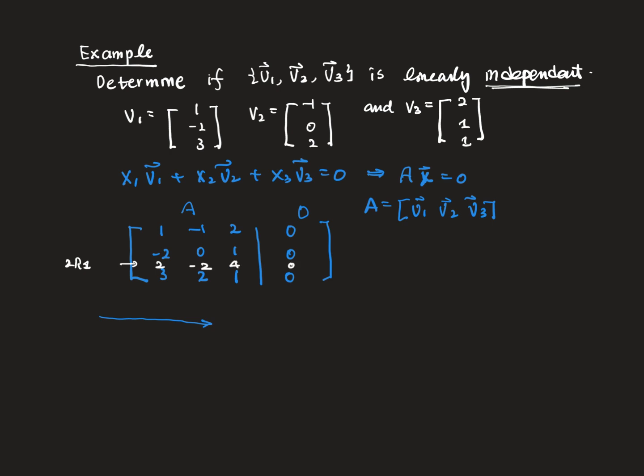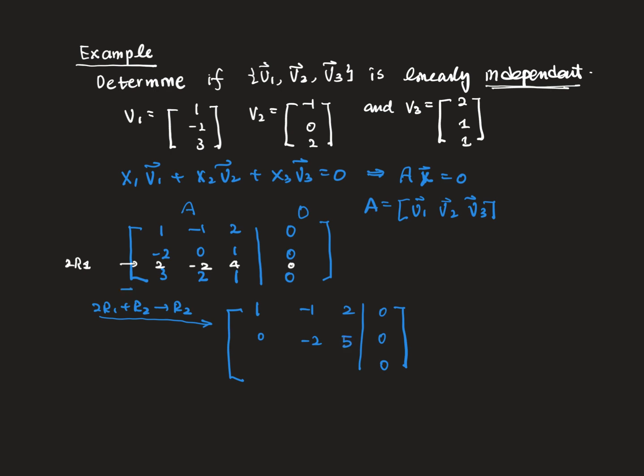The operation is 2R1 plus R2 goes to R2, giving 0, negative 2, 5, 0.